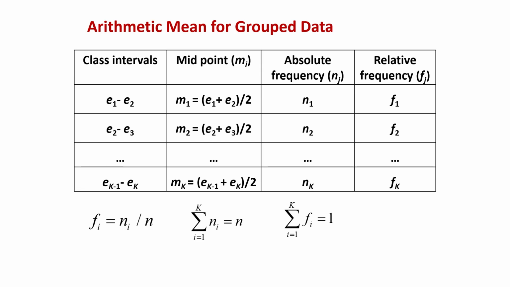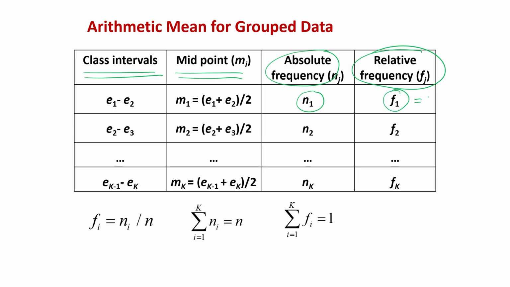Just for your recollection, we created the class intervals based on the range of the data. Then we found the midpoint of each class interval, and found how many observations lie in that class interval, which was indicated by the absolute frequency Nj, and then we found the relative frequency Fj as the absolute frequency divided by the total number of observations.